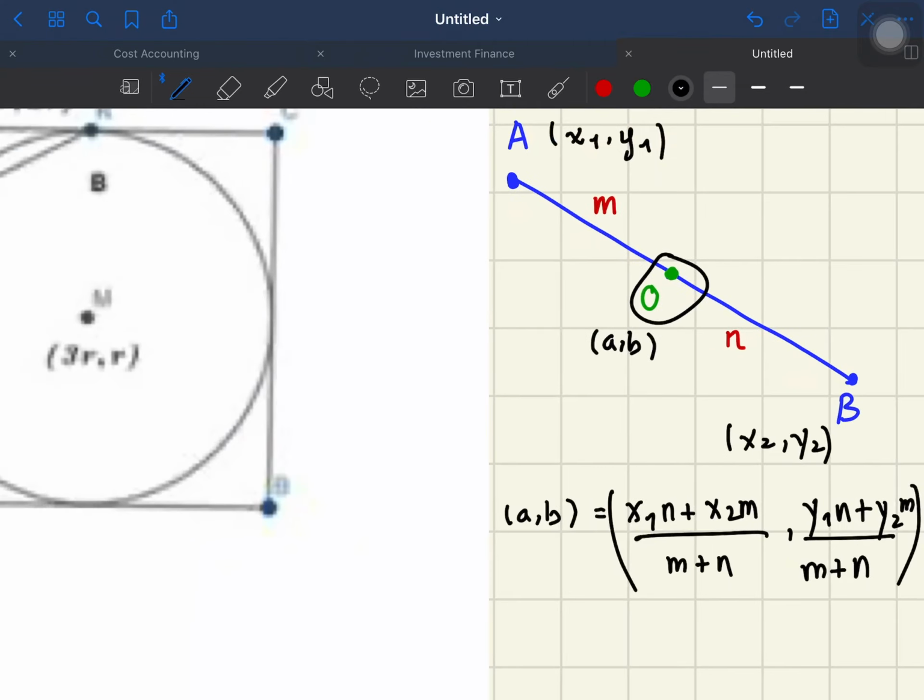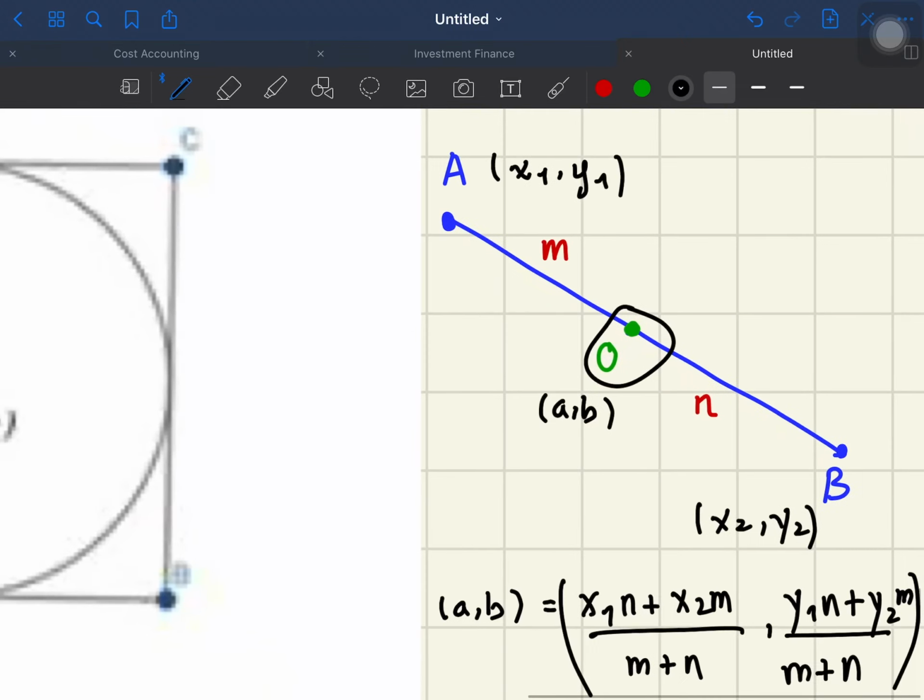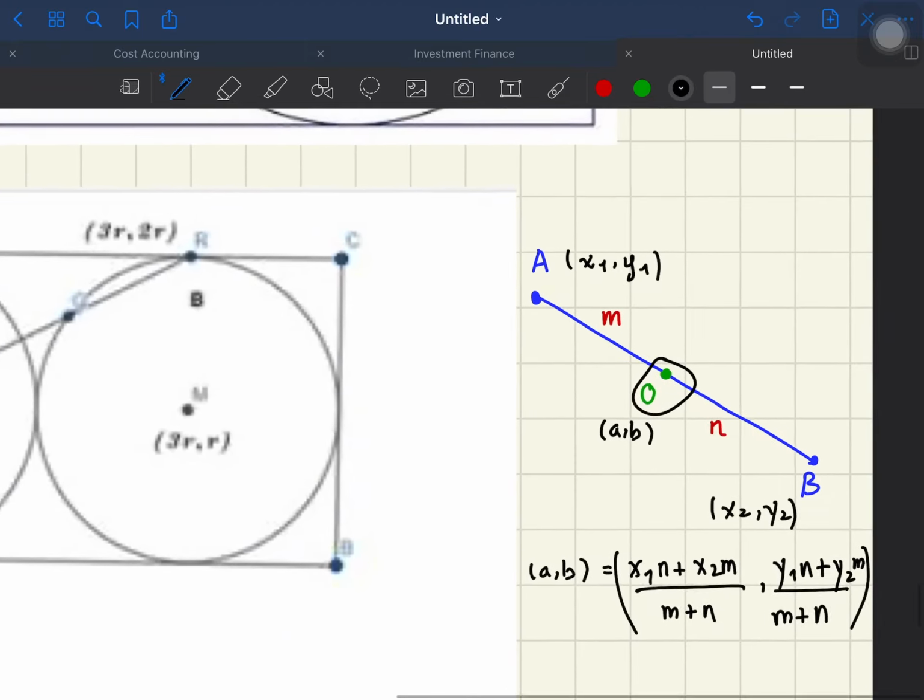Then we can get the coordinate of O. But one of the criteria of using this formula is that we need to have at least 2 points identified, like A and O, or O and B, or A and B. One of the pairs, you must get it.